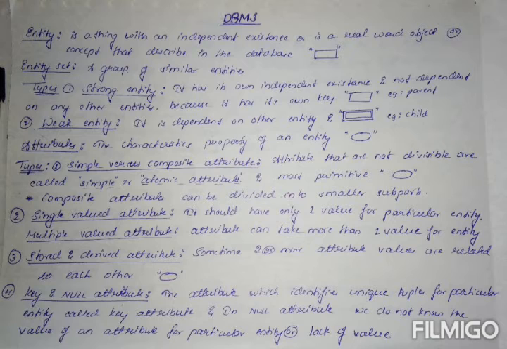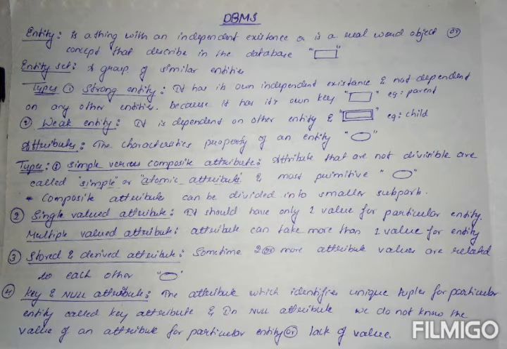And the types of entities are strong entity and weak entity. Strong entity means it is an independent entity and not dependent on any other entities, because it has its own key. So it is also written in a rectangular box. For example, parent is a strong entity.